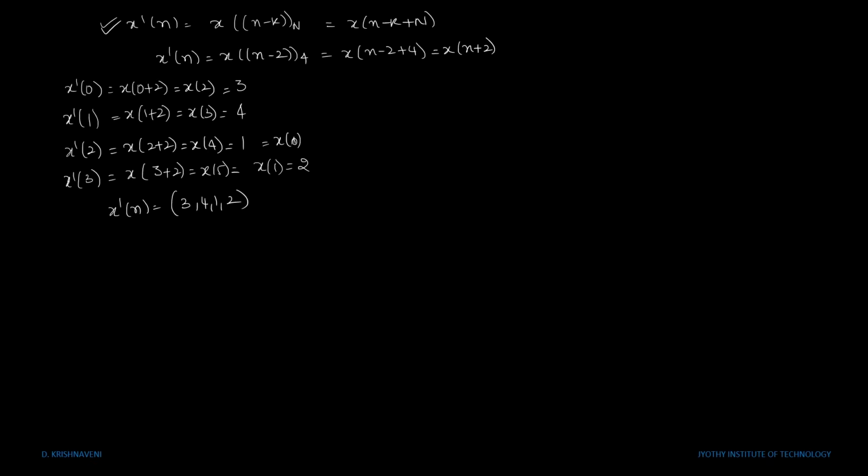Same way in circular shifts, anti-clockwise direction is considered as positive and clockwise direction is considered as negative. Now if an N-point sequence satisfies the condition x of N minus n is equal to x of n, if this condition is satisfied, then we call such a sequence circularly even.